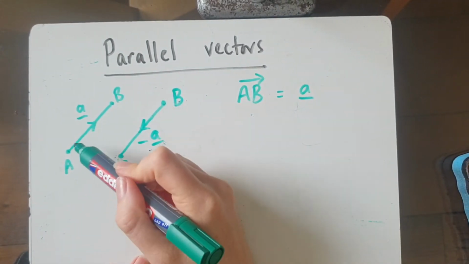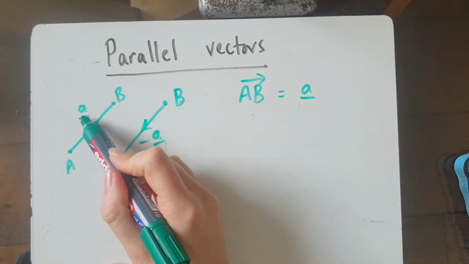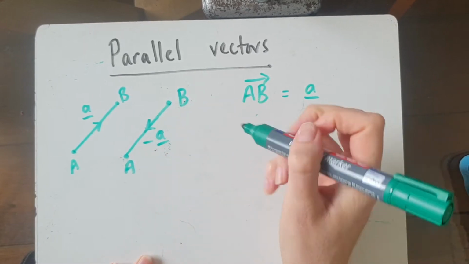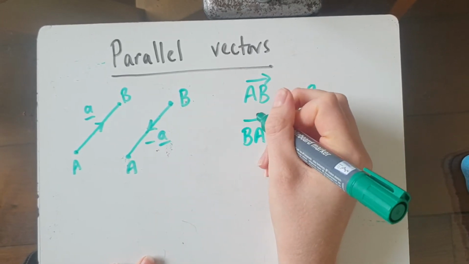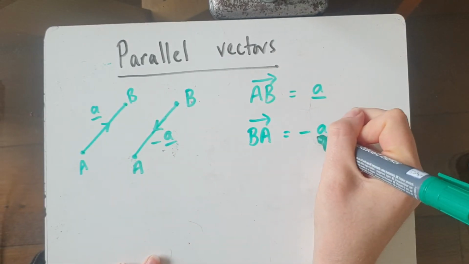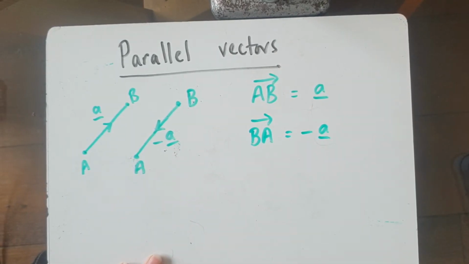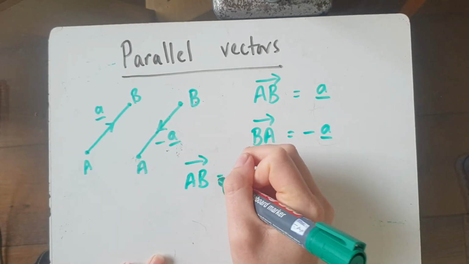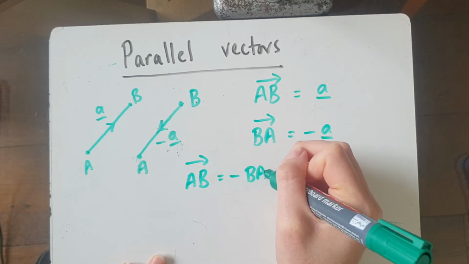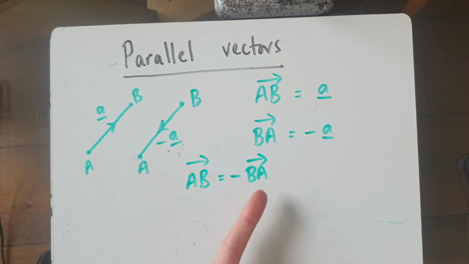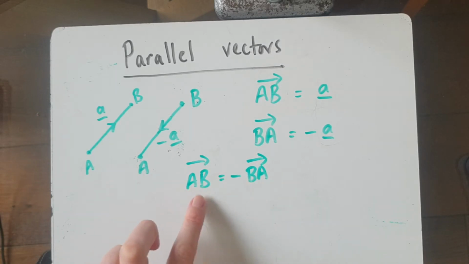Now, once I have one vector, so A to B is A, I can also reverse the direction, so I could go from B to A. But because it is a direction, that will be negative vector A. So AB equals negative BA, which it always will, if you have a letter here and a letter here and then you swap their order, this will be equal to the negative of the swapped order.